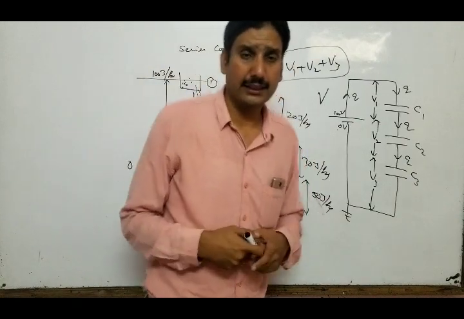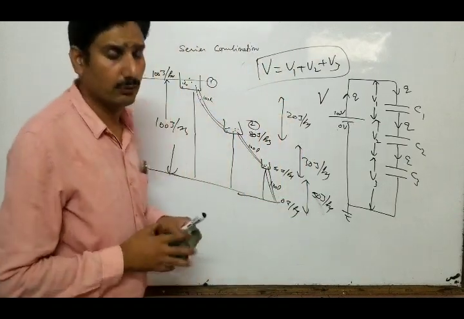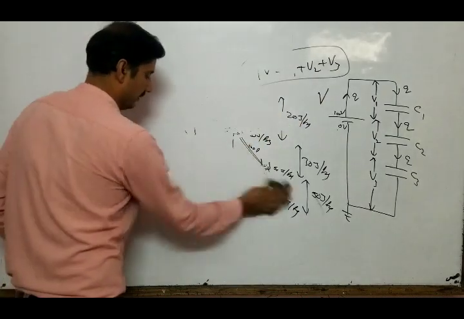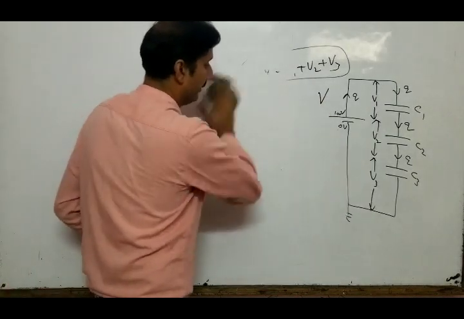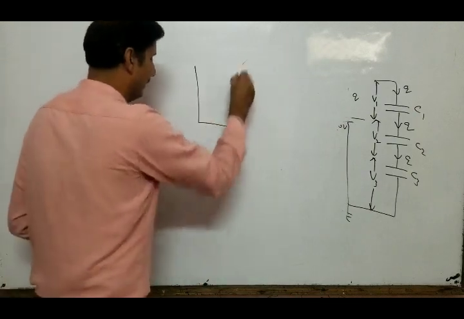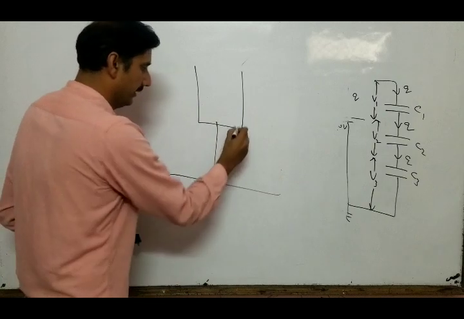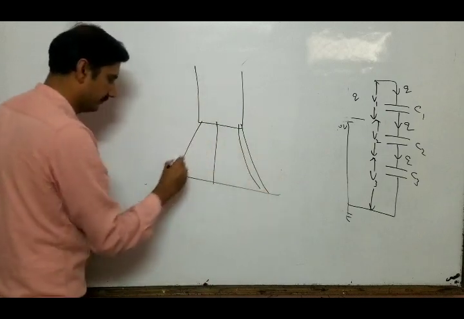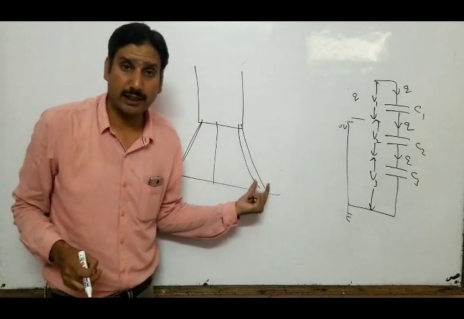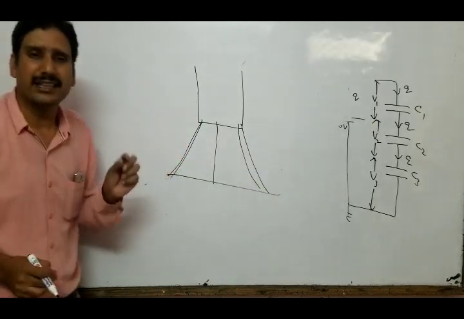On the other hand, how does a parallel combination work? Think of a water tank, and it is connected to ground through different pipes. One pipe has a wider bore, and the other has a thinner bore.